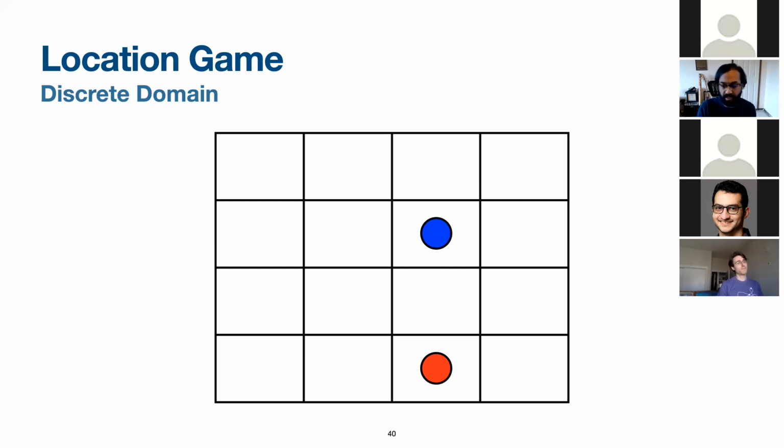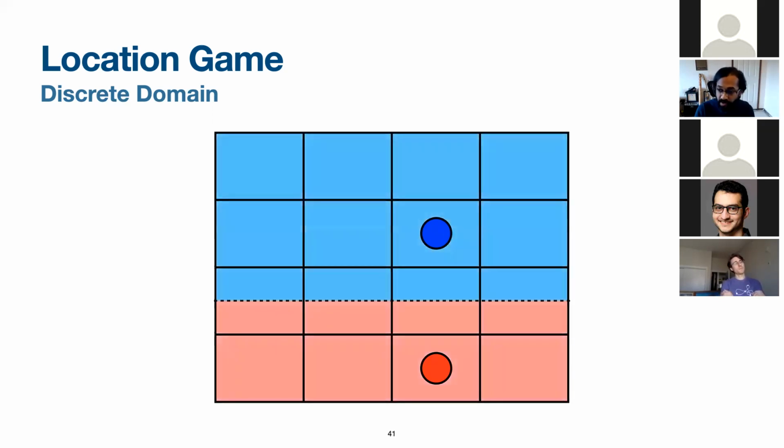In this case, the blue location gets a utility from the top two rows of this grid. The red location gets utilities from the bottom row. Both of these locations split the utilities in the third row because the cells in the third row are all equidistant from both locations. Is the location game clear to everyone?